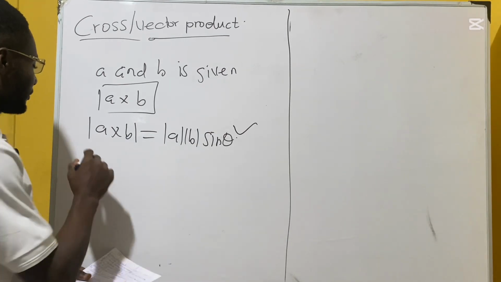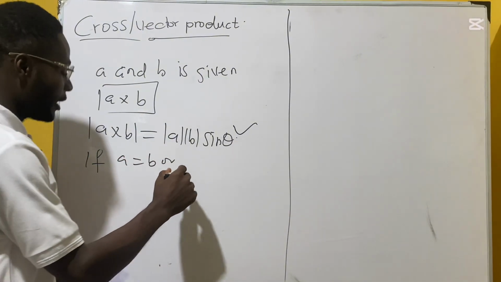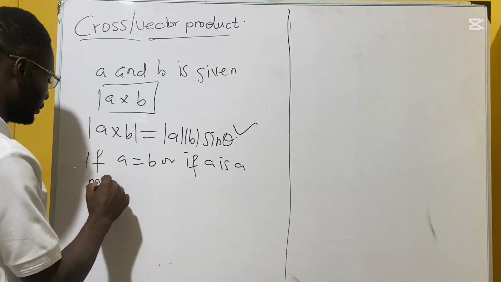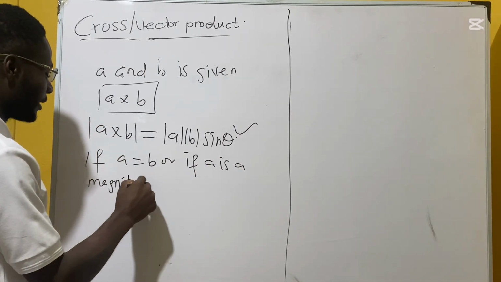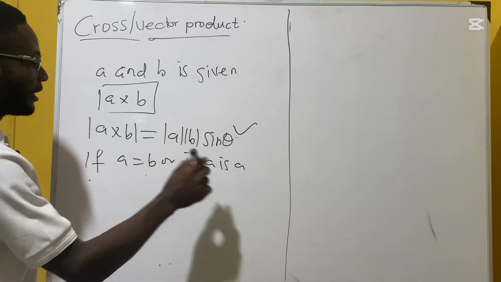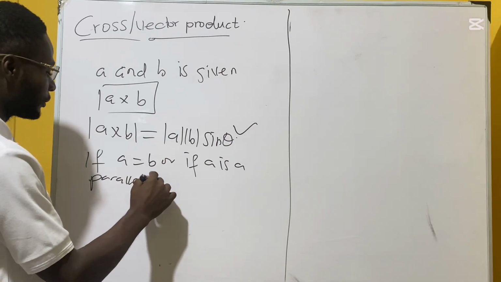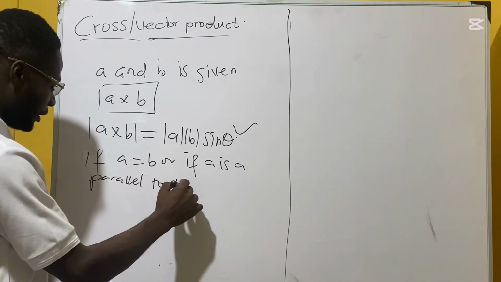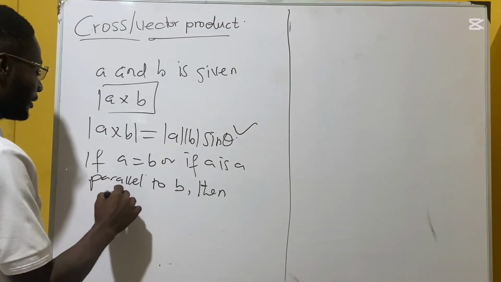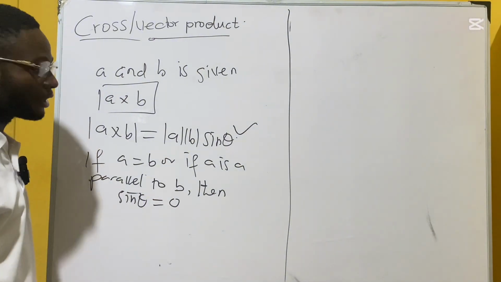So if A is parallel to B, then we can say that sine theta will be equal to 0.